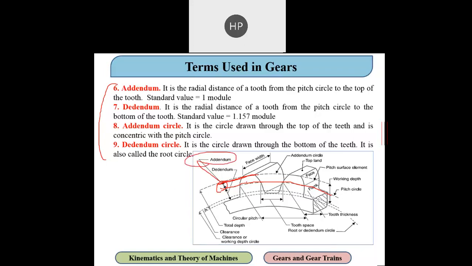In the same way, from the pitch circle to the bottom, that area is the dedendum. From the pitch circle up to the bottom, that is known as the dedendum.